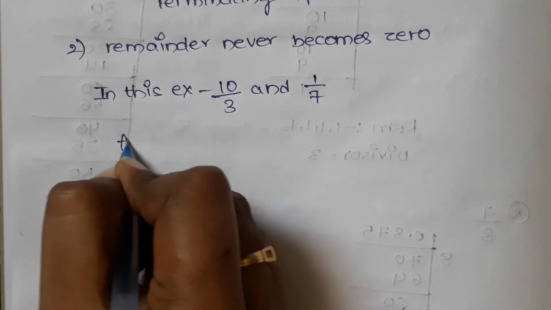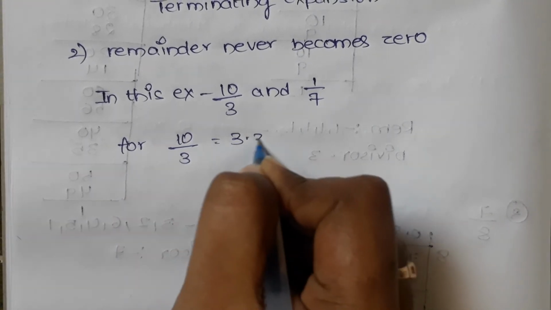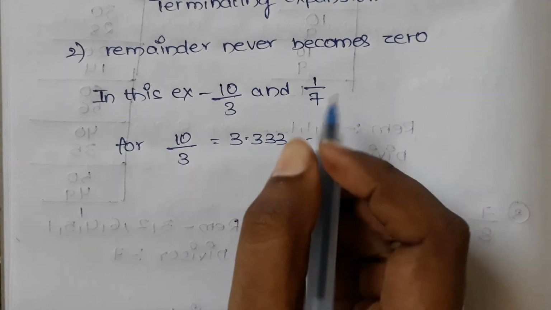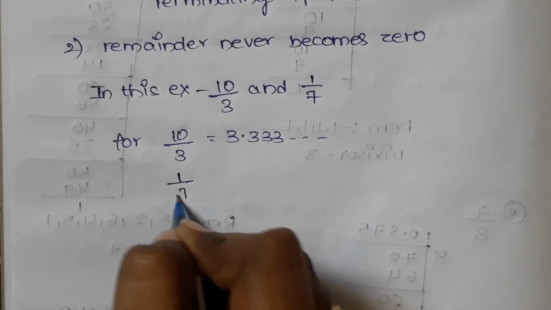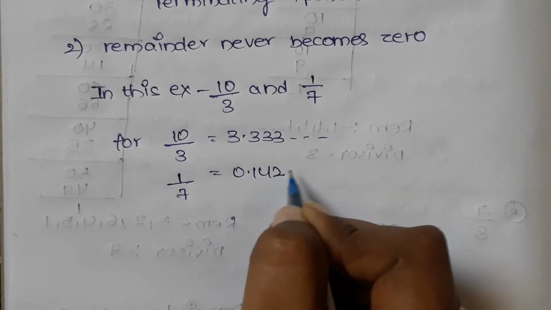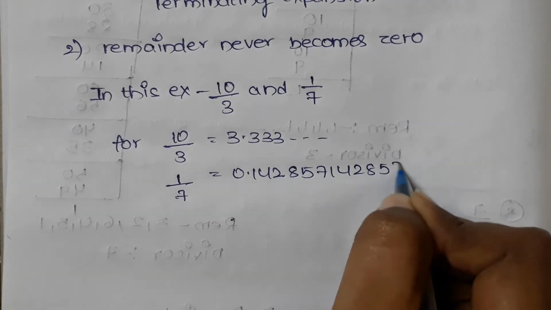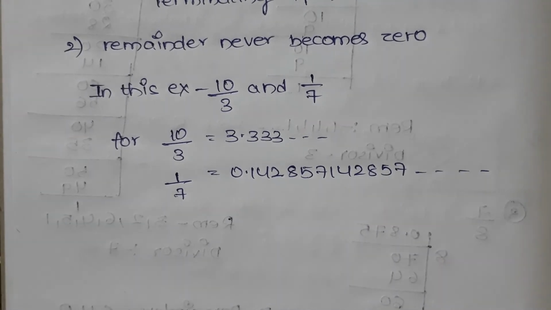For example, the decimal expansion of 10 by 3 is 3.333 and so on. And for 1 by 7 we get 0.142857, 142857, and this will be repeated.